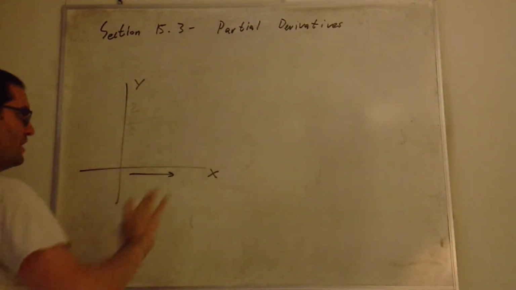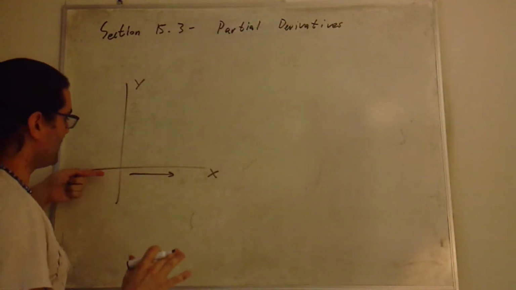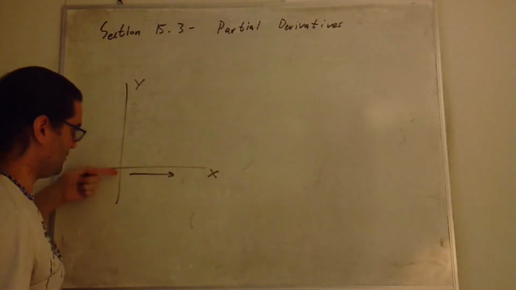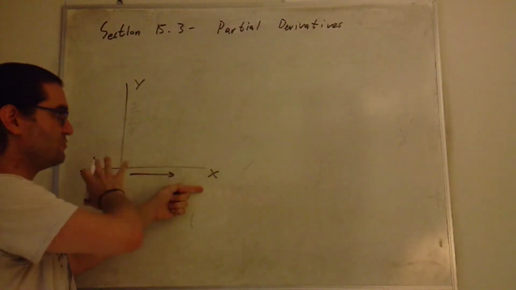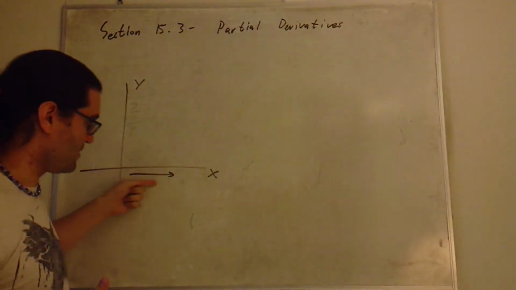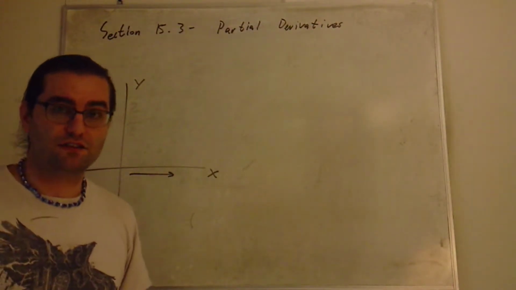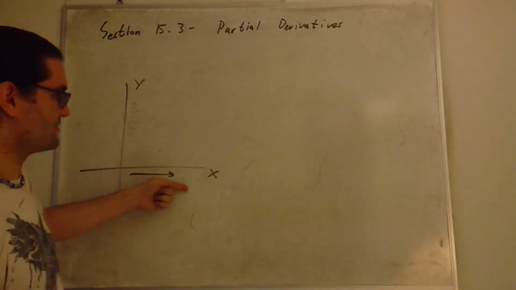Like what's going on as we move exclusively in this direction? And the thing about moving exclusively in this direction is that y is not going to change at all. If you pick this thing and you go that way, there's no change in y. Y along this path is effectively a constant. And that's the good news. We can treat it like it's a constant when we're doing derivatives along the x direction.